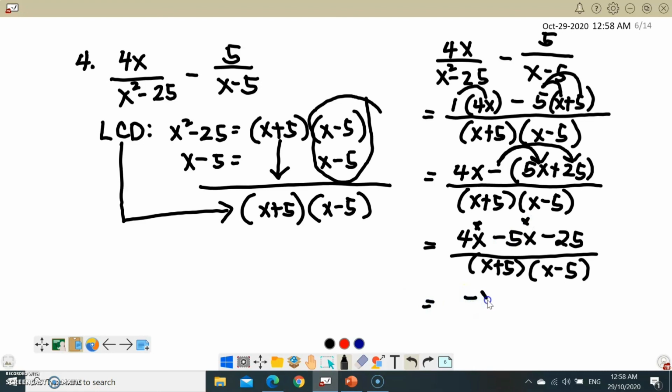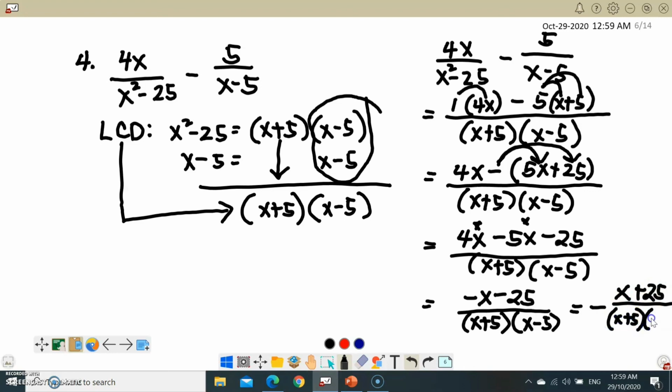So we have here negative x minus 25 over x plus 5 multiplied by x minus 5. Okay, so there are no common factors. We can rewrite this one as, we factor out the negative here, so we can place it beside the fraction bar, x plus 25 over x plus 5 multiplied by x minus 5. And we now have the difference.